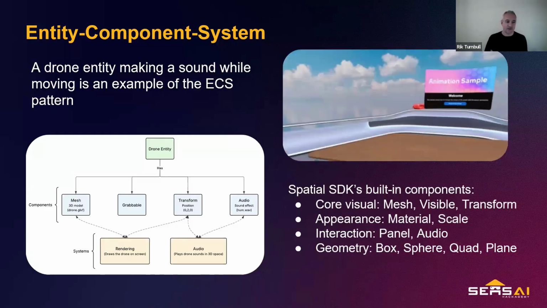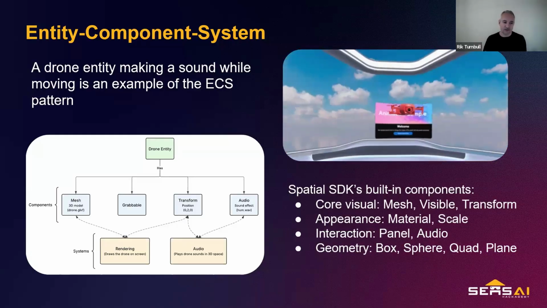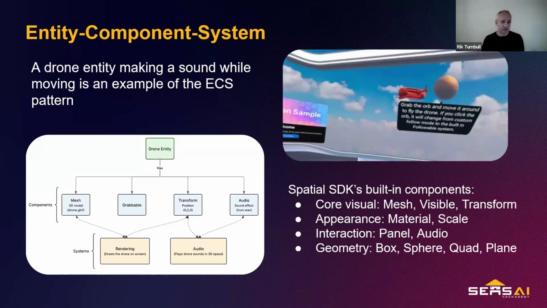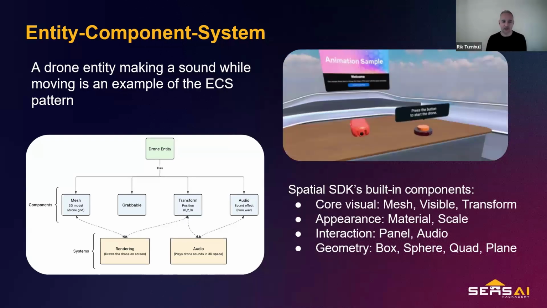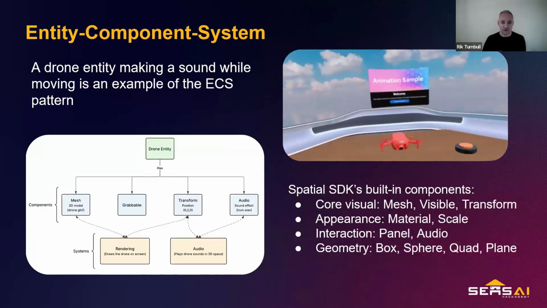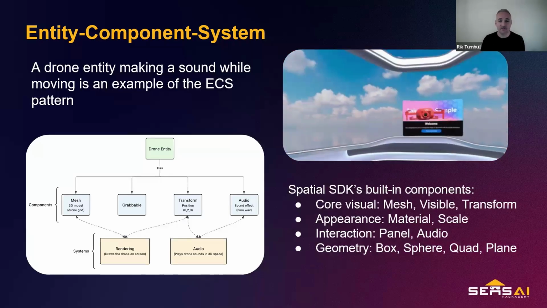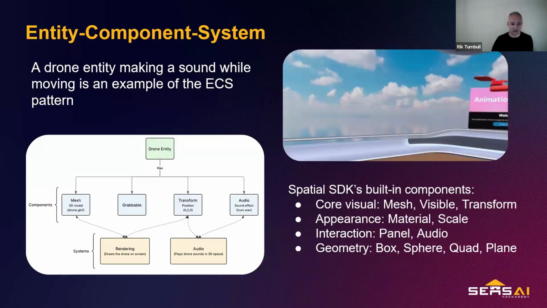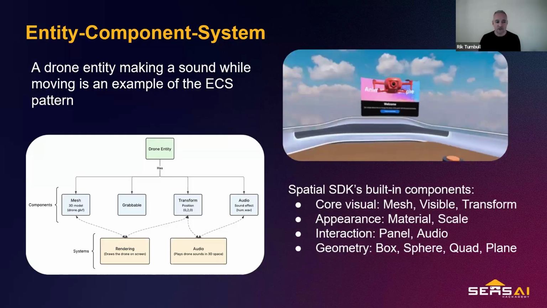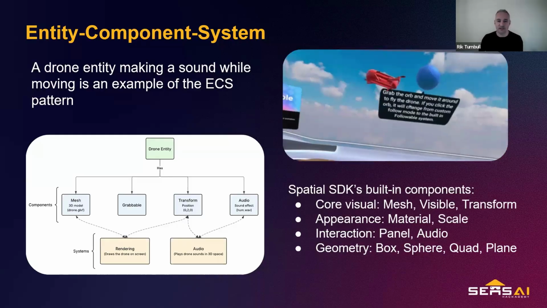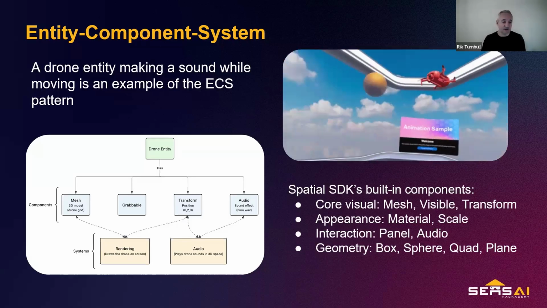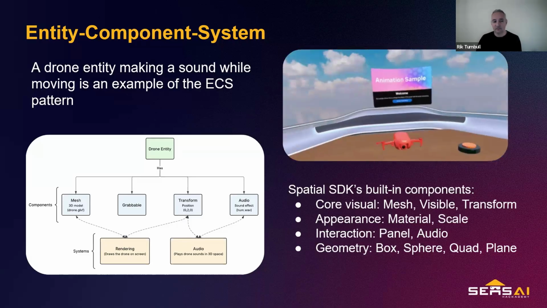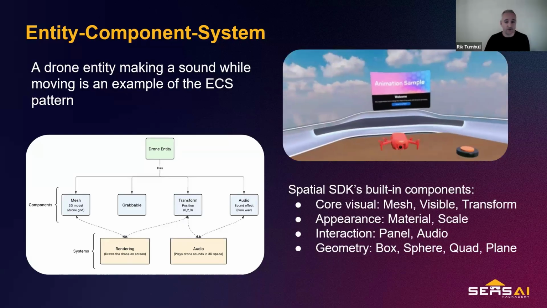The built-in ones are things like the mesh location, whether it's grabbable or not, and if it is grabbable, what parts and how that behaves. A transform, which is its position in 3D space and its angle, and then audio as well. So the component represents the state of a particular entity, and it can be added to multiple ones and shared. But most of all, you can create your own.